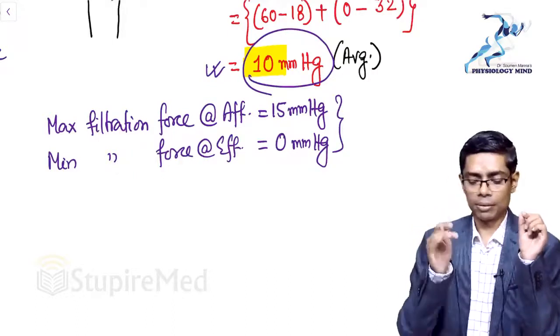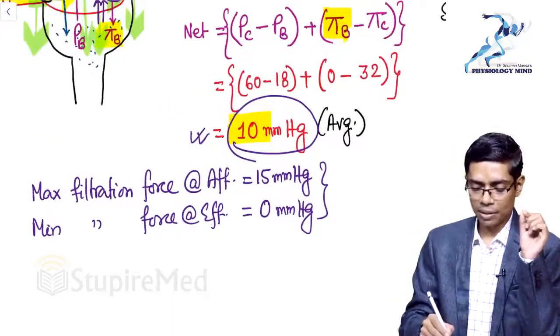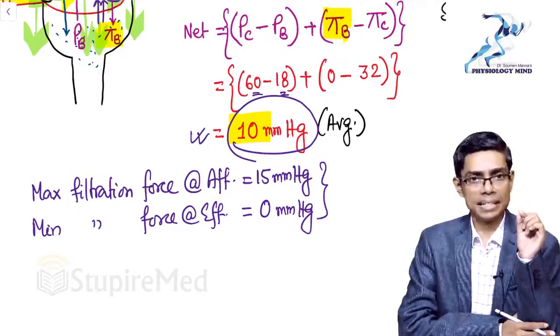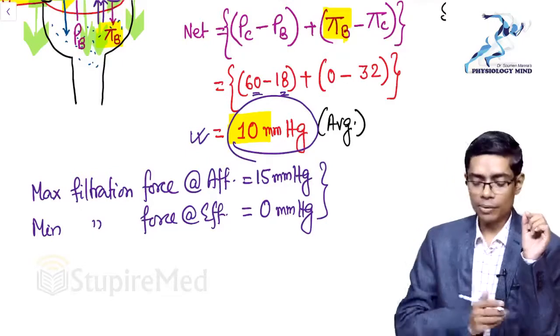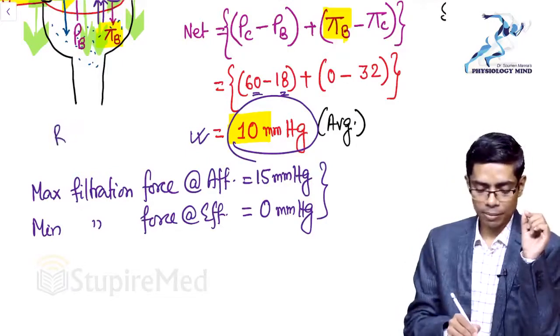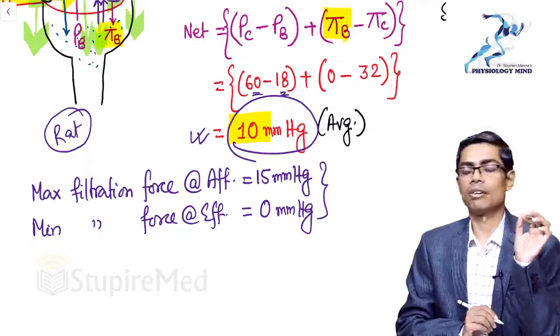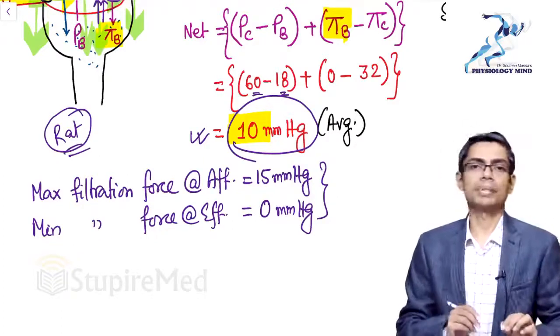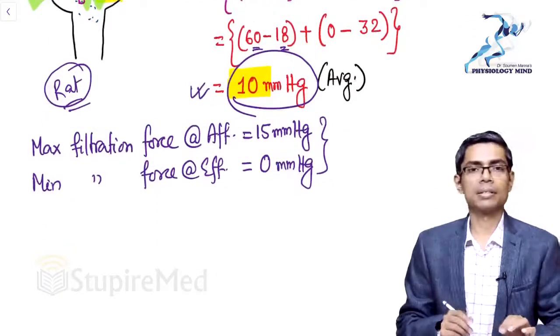And in Ganong, the values of all this, 60, 18, are given differently. Why differently? If you read carefully, you will understand that the values given in Ganong are from a rat experiment, not from humans. So that's why I have taken the other values from Guyton. Okay, so follow this and it will give you the answer.